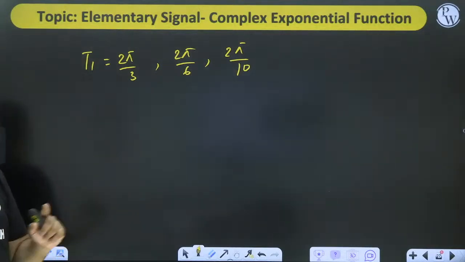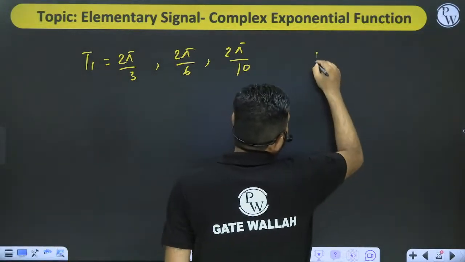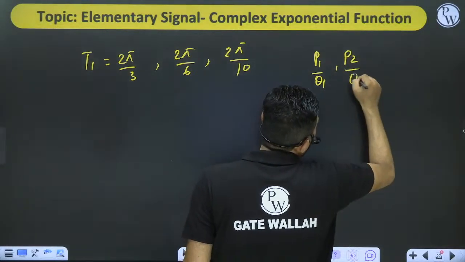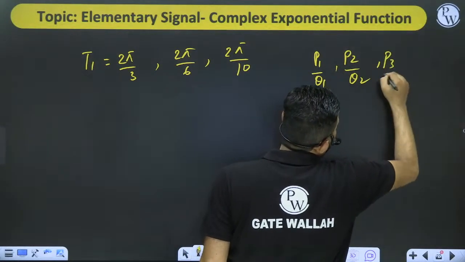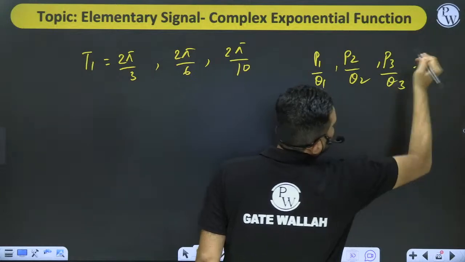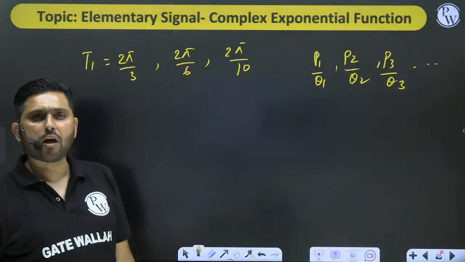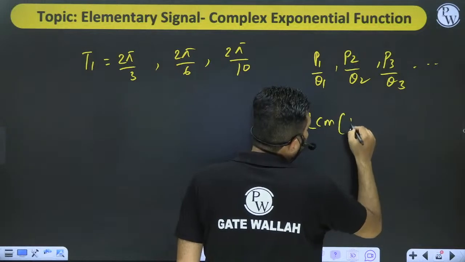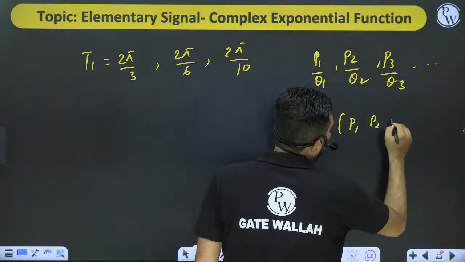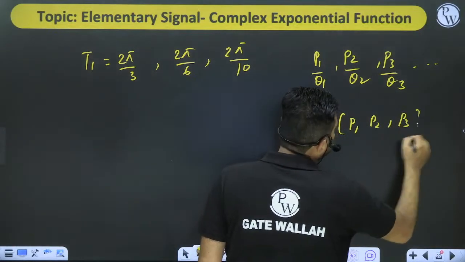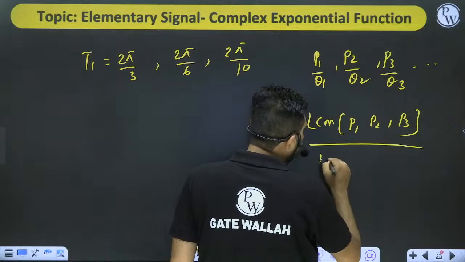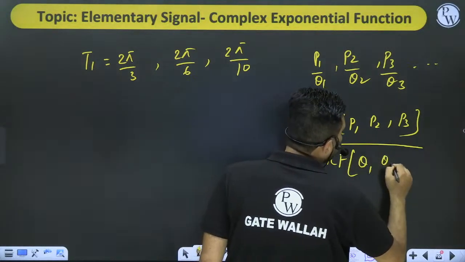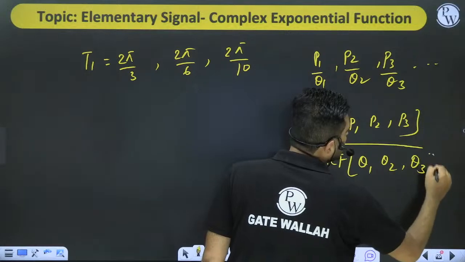Whenever you have factors P1 by Q1, P2 by Q2, P3 by Q3, and so on, then to find the LCM, it is the LCM of P1, P2, P3 divided by the HCF, highest common factor, of Q1, Q2, Q3.